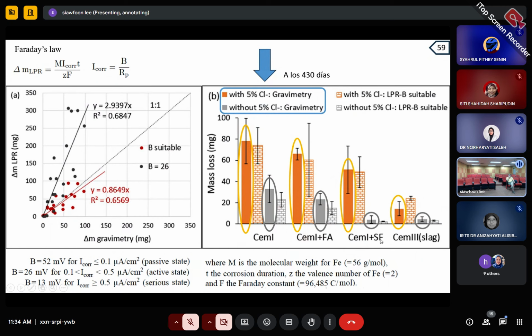Also silica fume is better than the Portland cement one, and fly ash is also better than the cement 1, but the best one is the cement 3 slag.